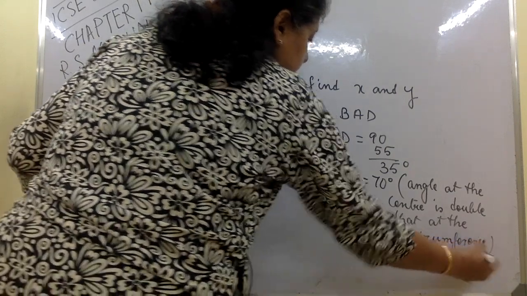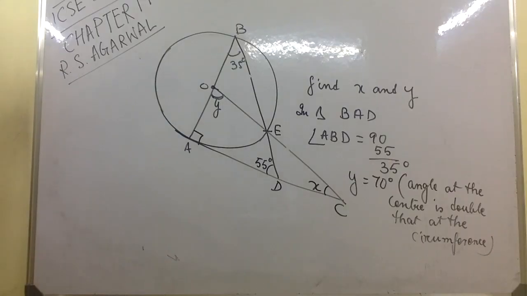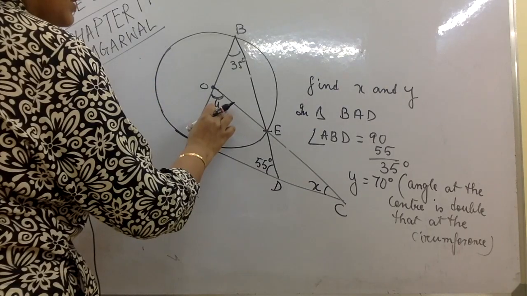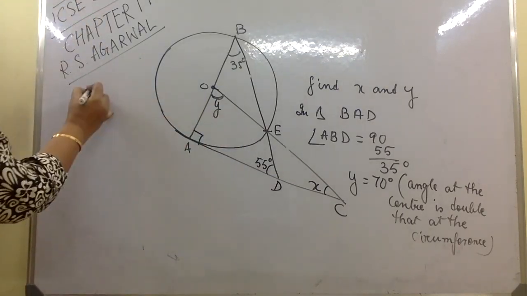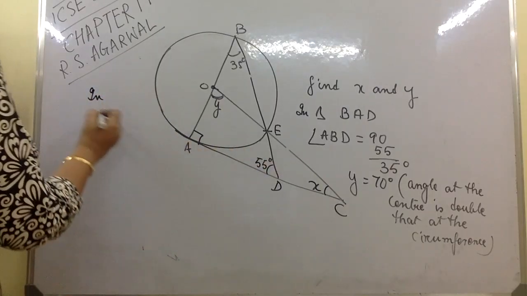Angle at the center is double that at the circumference. Now here this is the 70 degrees. Now in the triangle, we have to find the other one also, x.